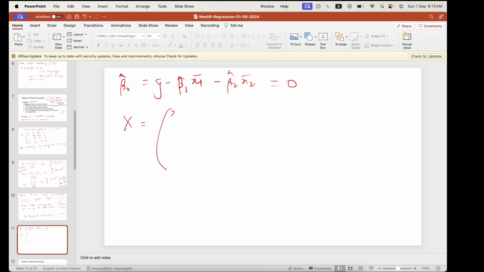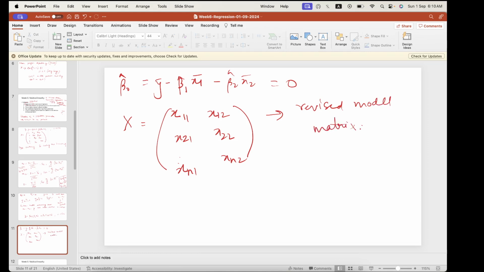So then what do we have? We have here x11, x12, x21, x22, and then xn1 and xn2. So this is my revised model matrix. I'll name it x star, and this will be y star.